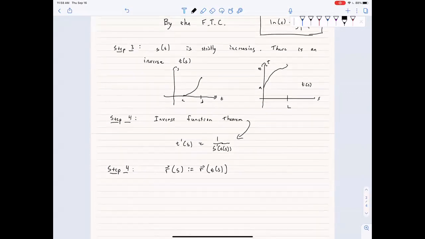And this is going to be the arc length reparameterization of your parameterization. Let's check. Let's check.